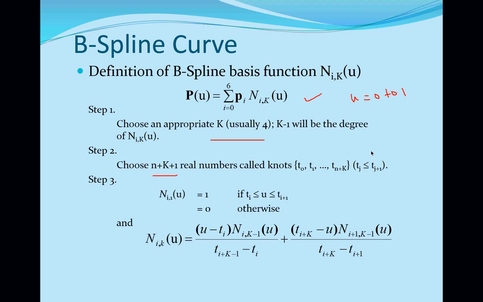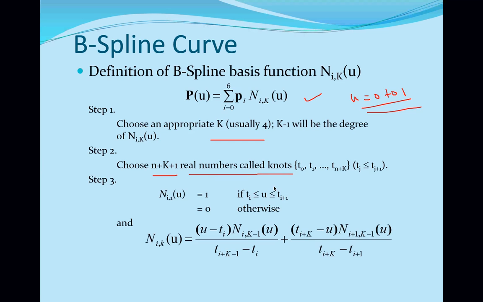And here in this case, it varies up to the number of knots. So it's a different thing. Here u is not restricted to 0 to 1, it is restricted to the number of knots. That we will see. So basically it is governed by choosing n plus k plus 1 knots.